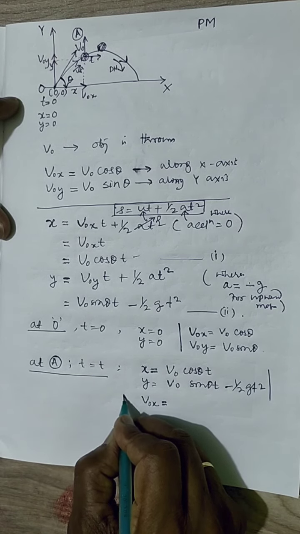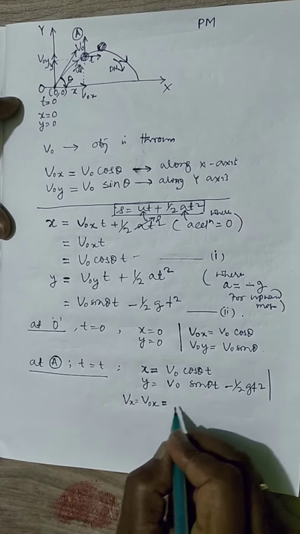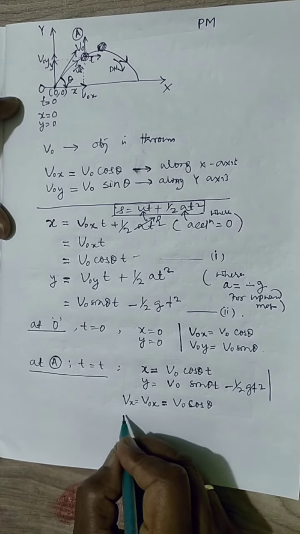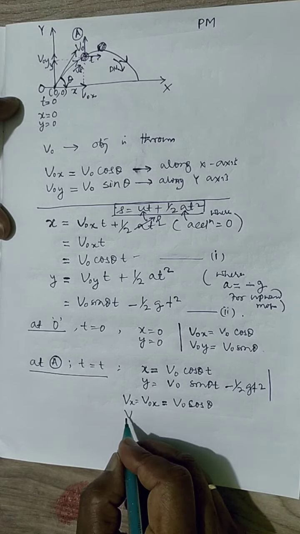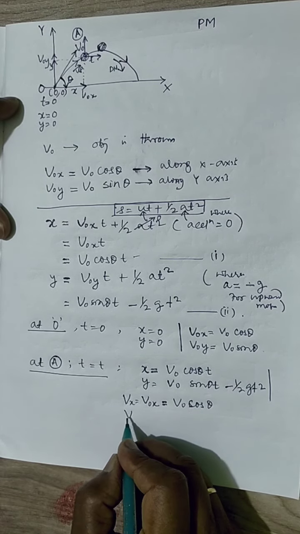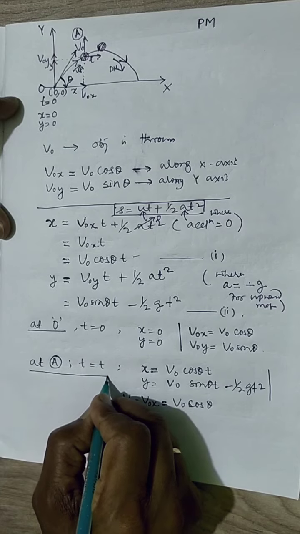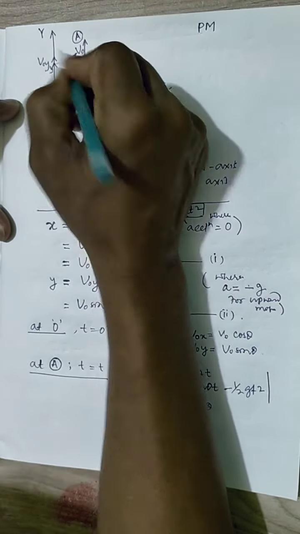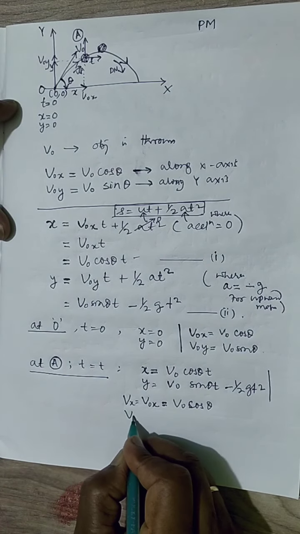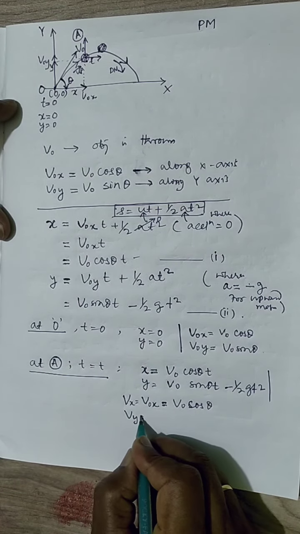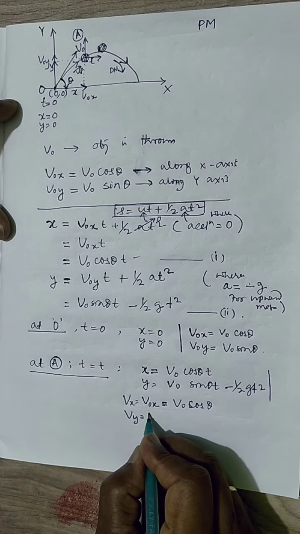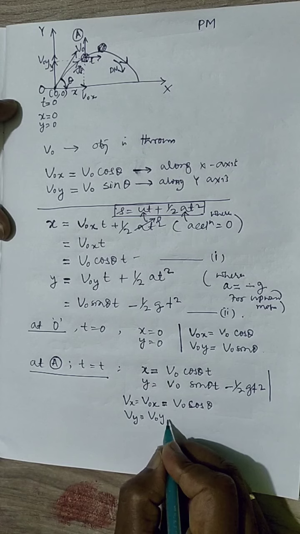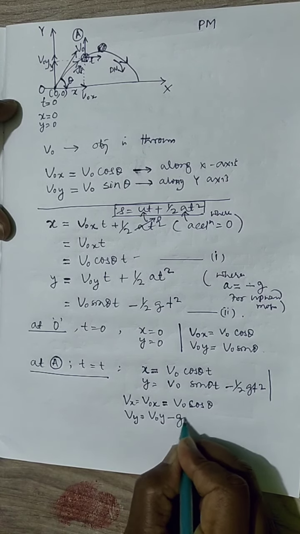Vx becomes v0x, that is v0 cos theta, and velocity along the y-axis after a certain time t, where the object has reached position A, is Vy is equal to v0y minus gt.